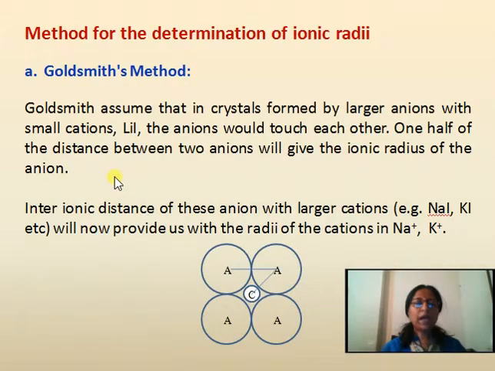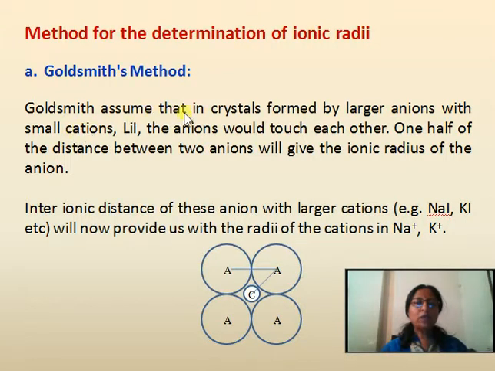As I have already told you, there is no direct method to determine the ionic radii of any cation or anion, but here I will present two methods which give us the ionic radii value for many cations and anions. The first one is the Goldschmidt method. And what is that?